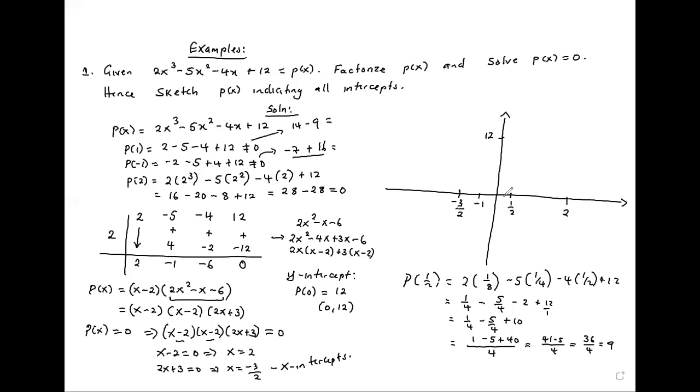Negative 7 plus 14 minus 9 is, what is 14 minus 9? It's 5. It's 5, sir. All right. And then negative 7 plus 16, it's 9. So here we have 9, 9.